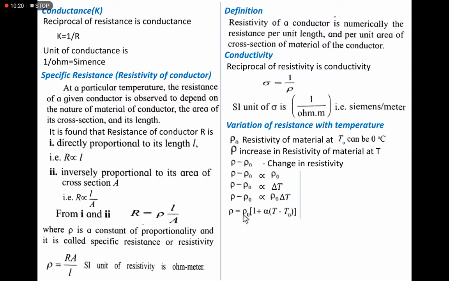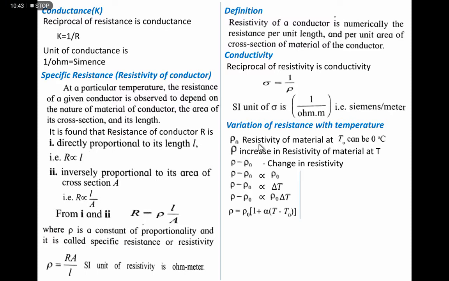So the equation for the increase in resistivity is rho is equal to rho naught into bracket 1 plus alpha into bracket change in temperature, T minus T naught. Here you can consider the resistance.